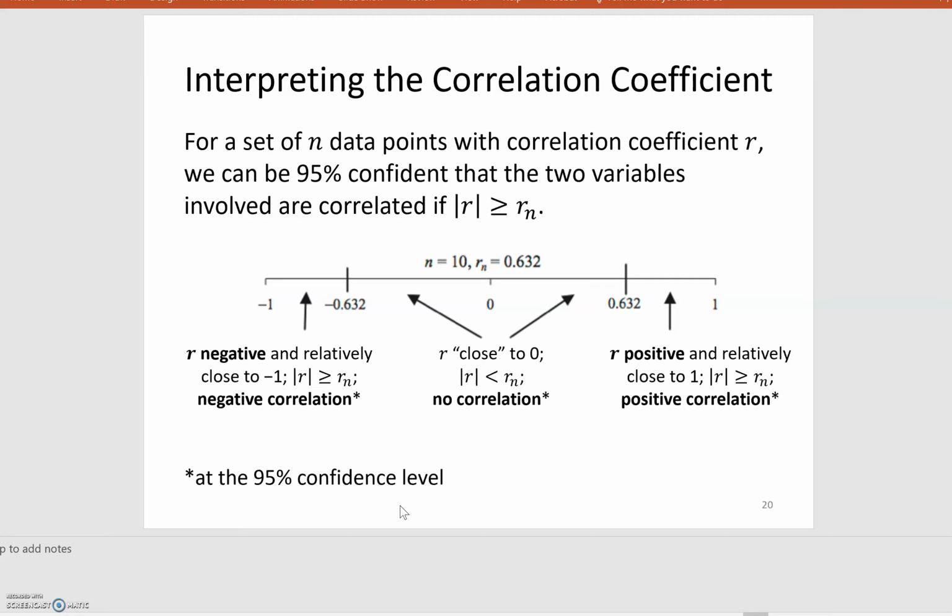Because if it's on a sliding scale, at what point do we decide that we're far enough on the scale to say that they're correlated or they're not correlated? Well, it's not necessarily that we have a hard line. It's just basically that we have to decide how confident we want to be in correlation.